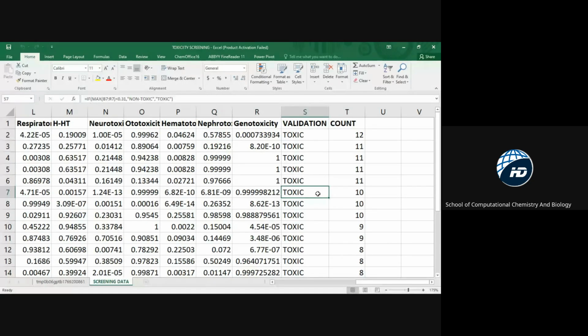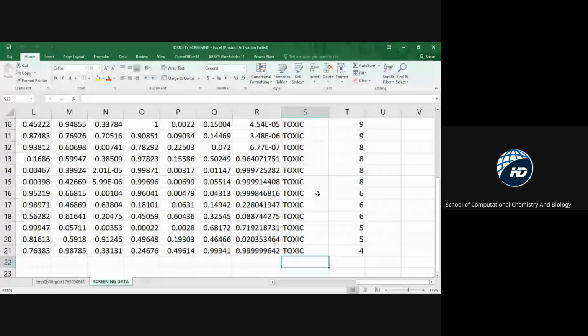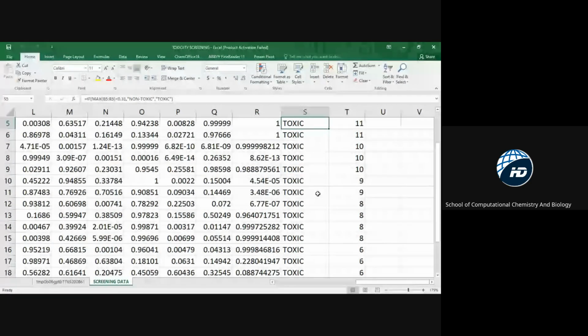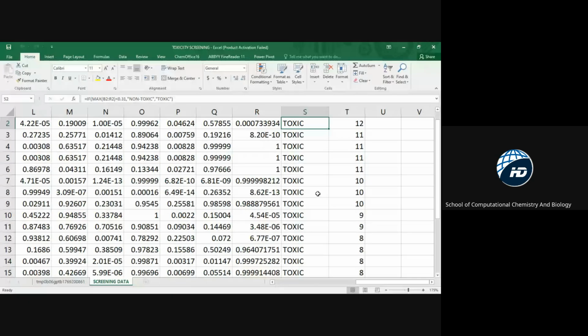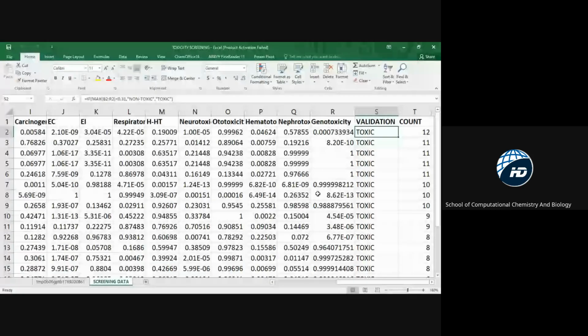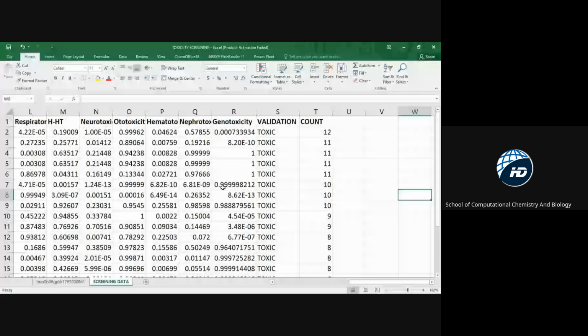But if the interest is to develop a lead compound, the idea is to identify a potential drug candidate that will be further synthesized or isolated. But since we have a collective goal here of herbal formulation, we have seen to what extent our compounds are toxic.